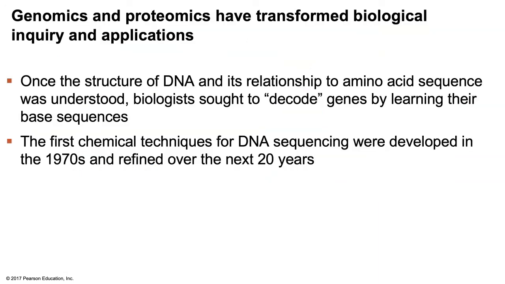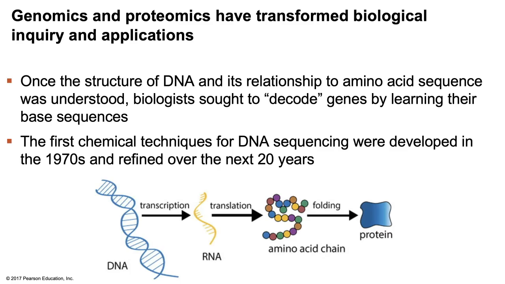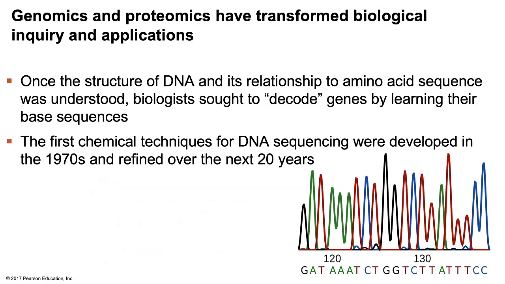Once scientists uncovered the relationship between the structure of DNA and the amino acid sequence of proteins, biologists sought to decode genes by learning their base sequences. The first techniques for DNA sequencing were developed in the 1970s and have been refined over the last 50 years.